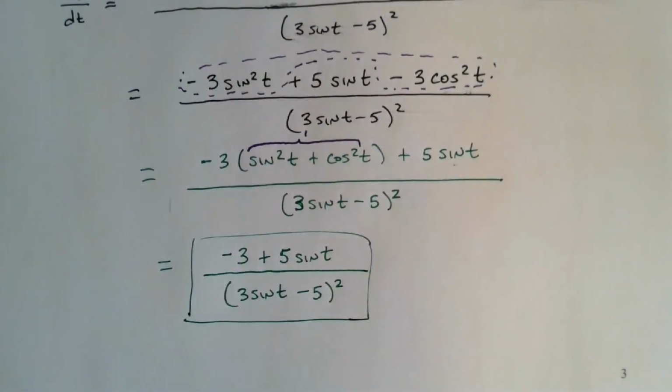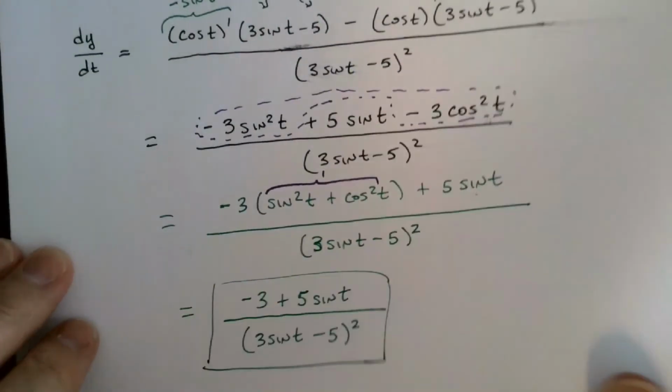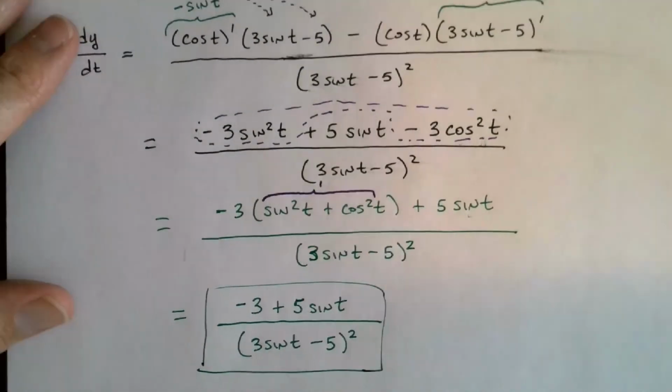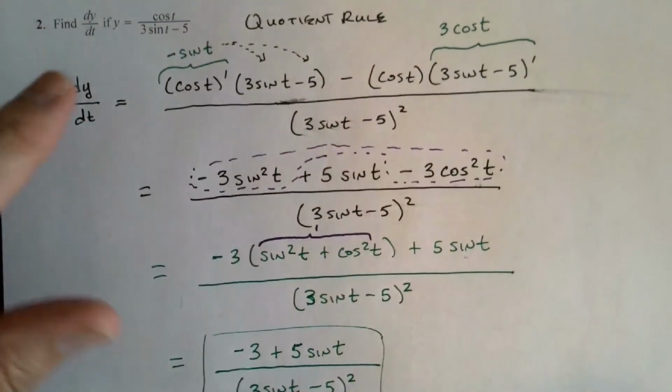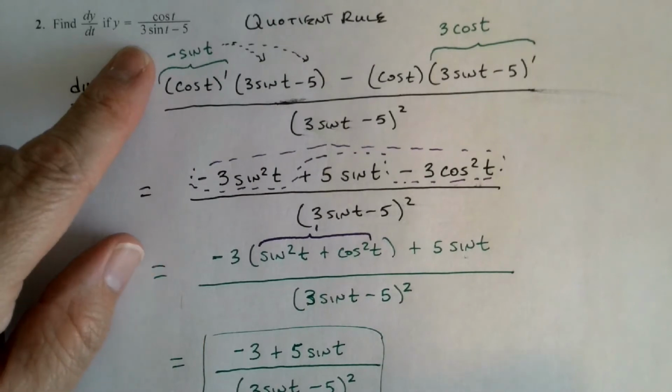Now, in general, when you start taking derivatives involving products and quotients of trig functions, for instance, with other types of functions, you can get some pretty strange looking results, some convoluted looking expressions for the derivative, and that's okay. But if you just sit back for a minute and start from the beginning, if we had this problem from the very beginning and said find the derivative of this function using the limit definition, you would be going crazy.